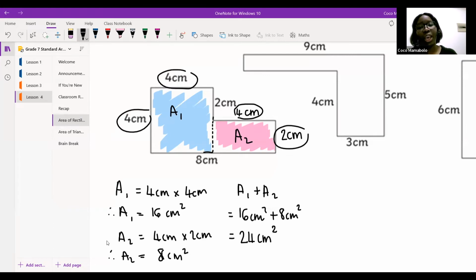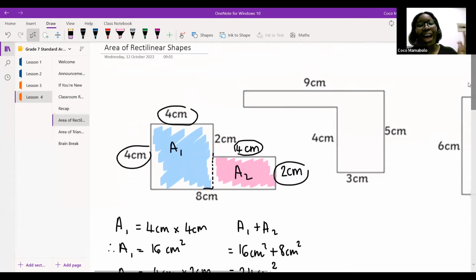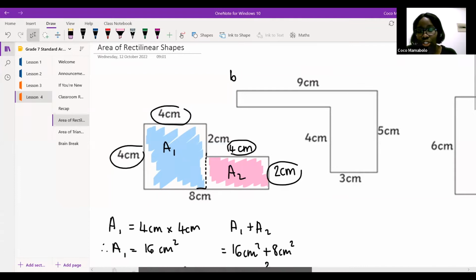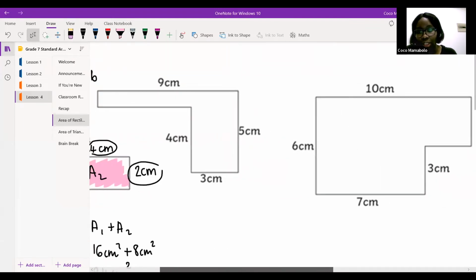Olwa, I need you to put your hand back up for me, my sweetie, so we can talk through this. Okay. Those of you who understand how to do this, you guys can go ahead and do B, and when you're done with B, continue on to C. Continue with B and C, and when you're done with B and C, please give me the fire emoji in the chat so that I know that you're done.